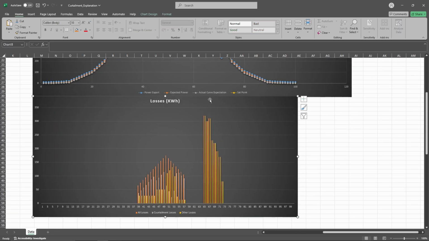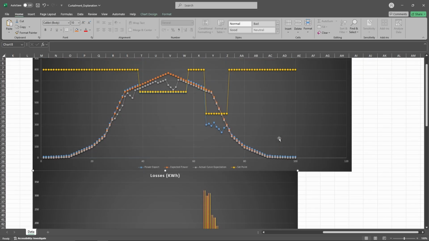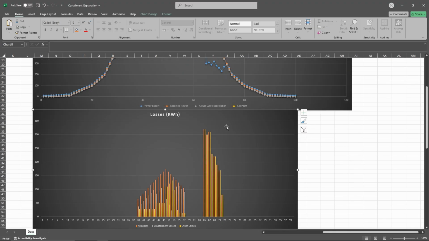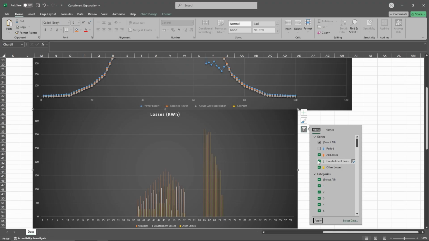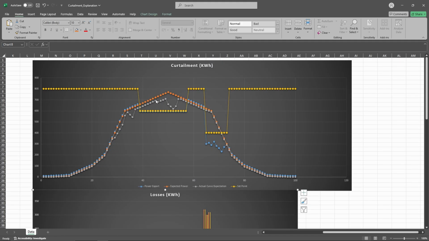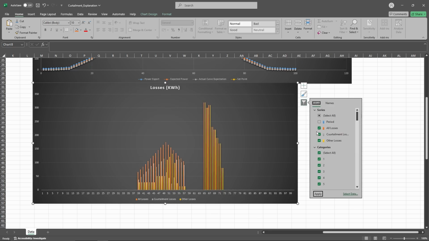If we go to the other diagram now, we can see all the losses. The entire losses include both the curtailment and other losses, and of course we can see that the curtailment losses were this surface area, within these time periods, which we can clearly see.